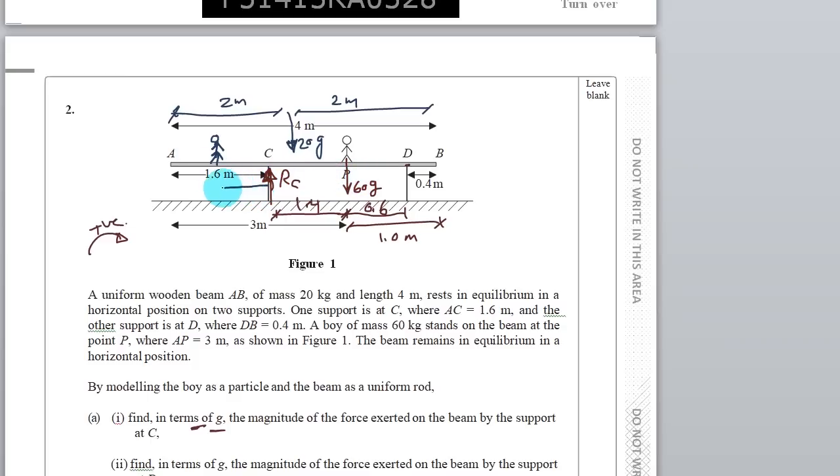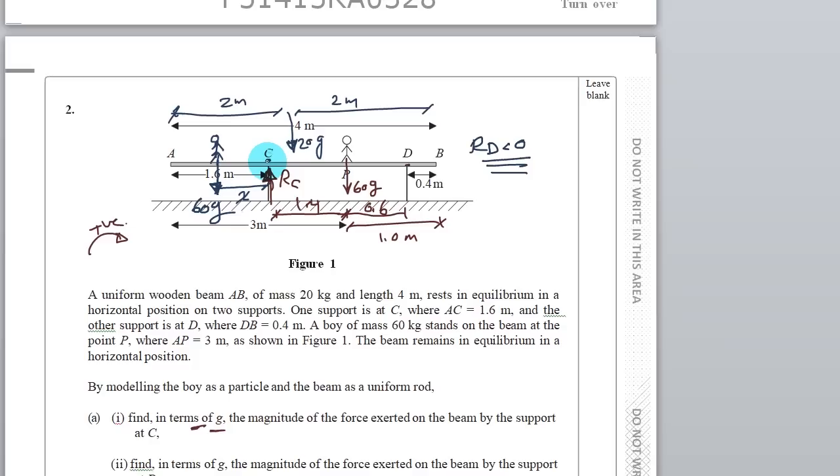So let us find the distance first from C. Let us assume this distance is x, because we don't know this x, to avoid the tilting of the beam. So when the beam is tilting, RD is equal to 0. Okay, so this will be the new location, 60g with distance x.